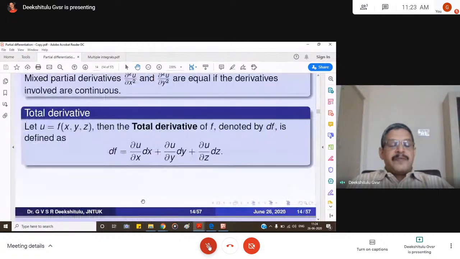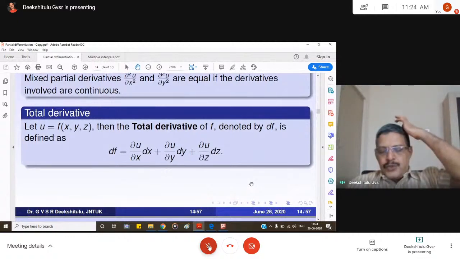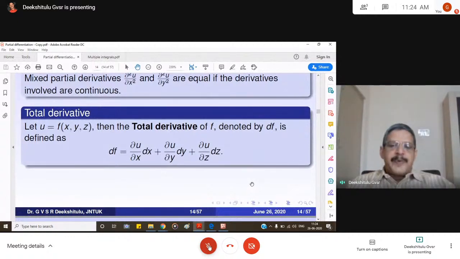Then a very important idea in partial differentiation is the total derivative, which is a new thing which we don't have in ordinary one variable calculus. Because u changes with respect to x, y and z, with respect to x you have ∂u/∂x, with respect to y you have ∂u/∂y, with respect to z you have ∂u/∂z.